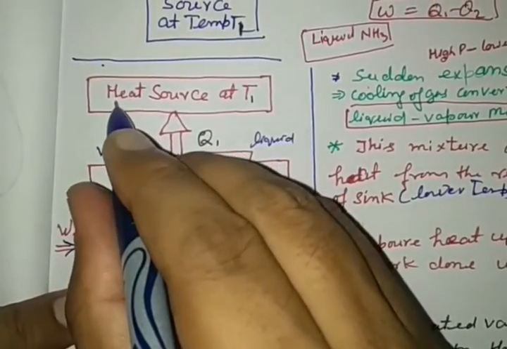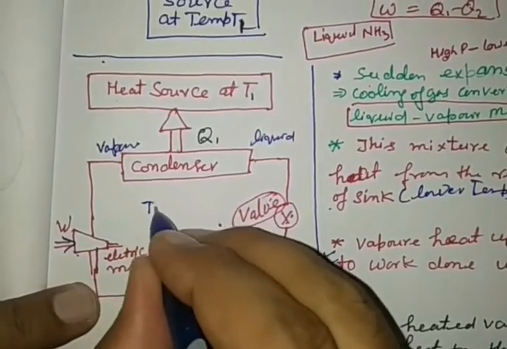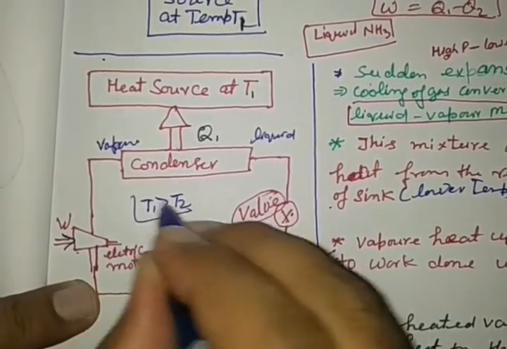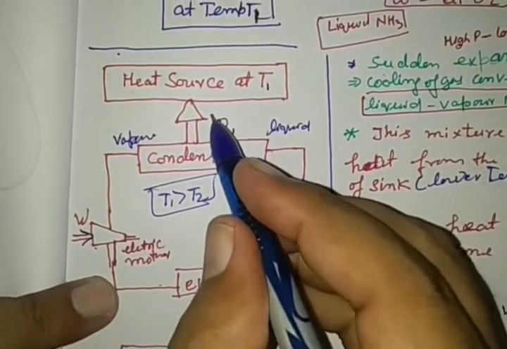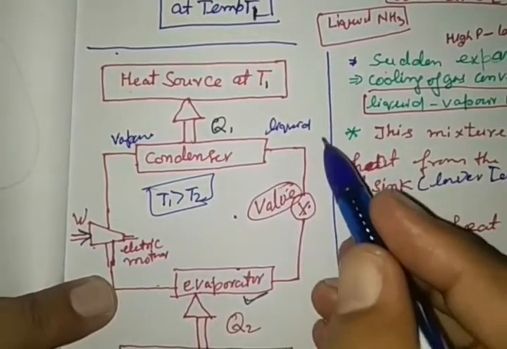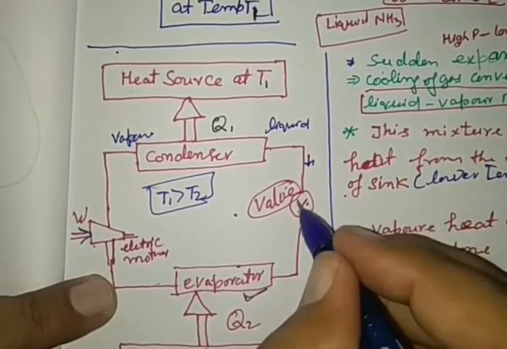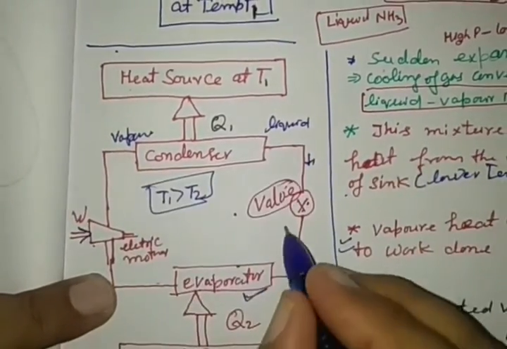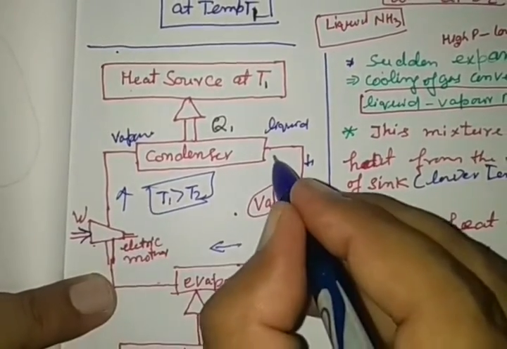The surrounding is represented here by a heat source at temperature T1. Here T1 is greater than T2. So it takes heat at a lower temperature and rejects it at a higher temperature. Thereafter this liquid comes to the valve and is converted again. So this whole process takes place in a cycle.